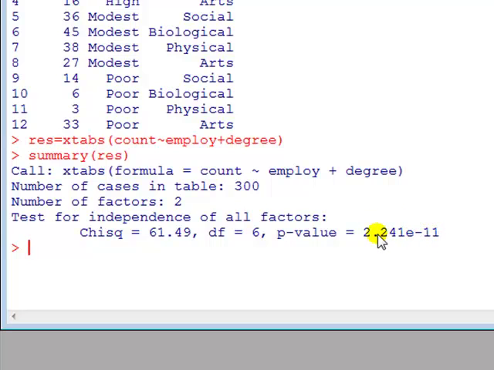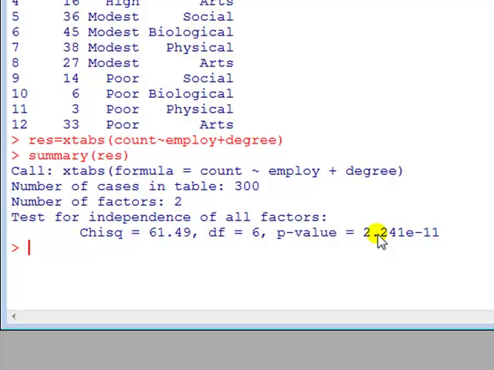So since p is low, less than 0.05, indeed less than 0.01, we can reject the null. Moreover, there is very strong evidence to reject the null hypothesis of no association between employment and degree, in favour of the alternative, which is that there is an association between employment and degree.